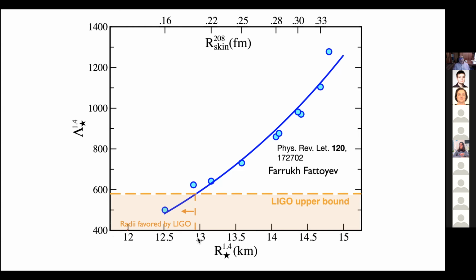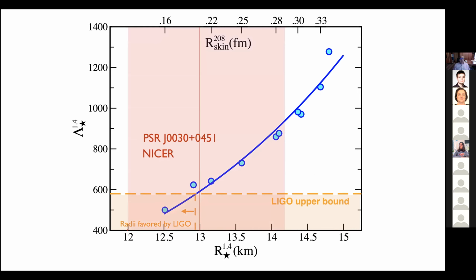So LIGO favors neutron star radii 13 kilometers or less. And then here's the NICER result for this particular neutron star. The radius is about 13 plus or minus 1 kilometer. So the NICER result and the LIGO result are consistent in this band between 12 and 13 kilometers.